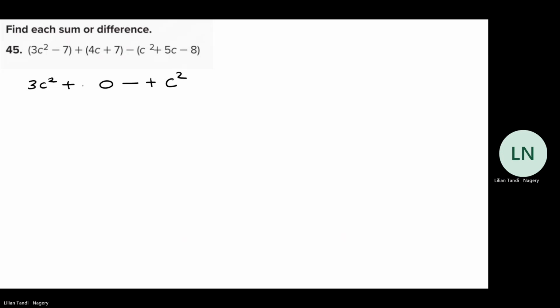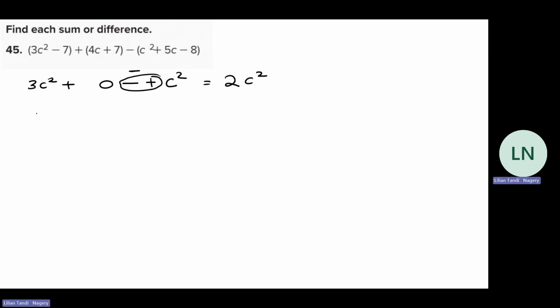Okay? So this becomes negative, and there is 1 here. So 3 minus 1 is 2c squared.